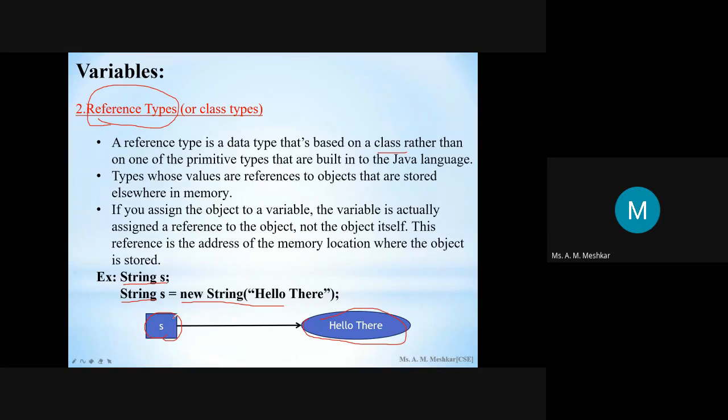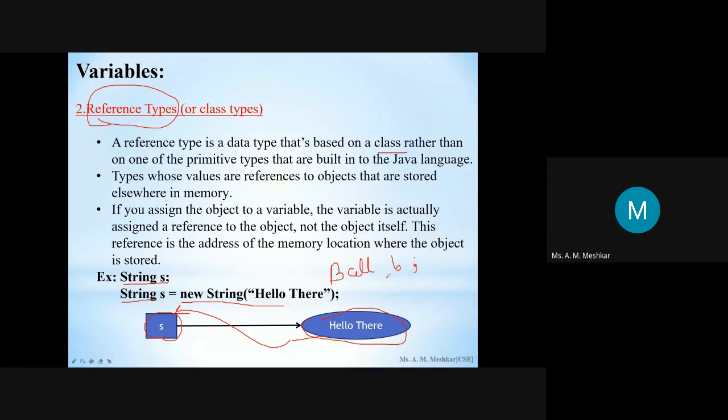So reference means storing its address. Wherever it is stored, its address will be referred to by s. So if you are assigning the object to a variable, the variable is actually assigned a reference, meaning its address is held here. Like if you are writing Ball b, you are creating just an object.